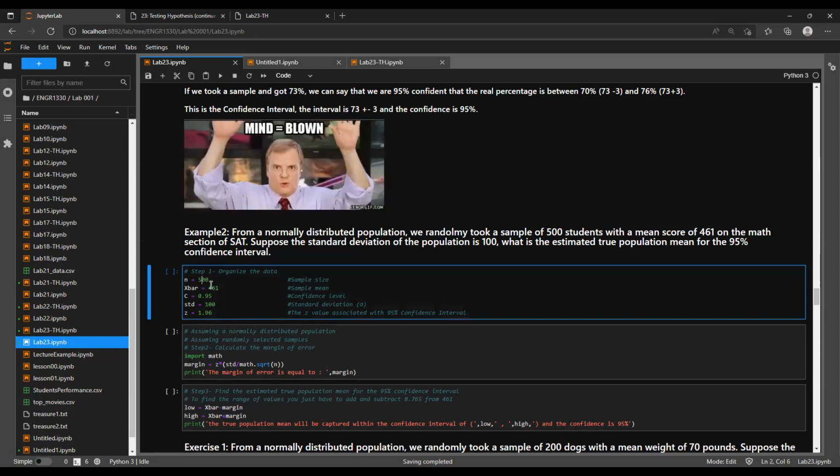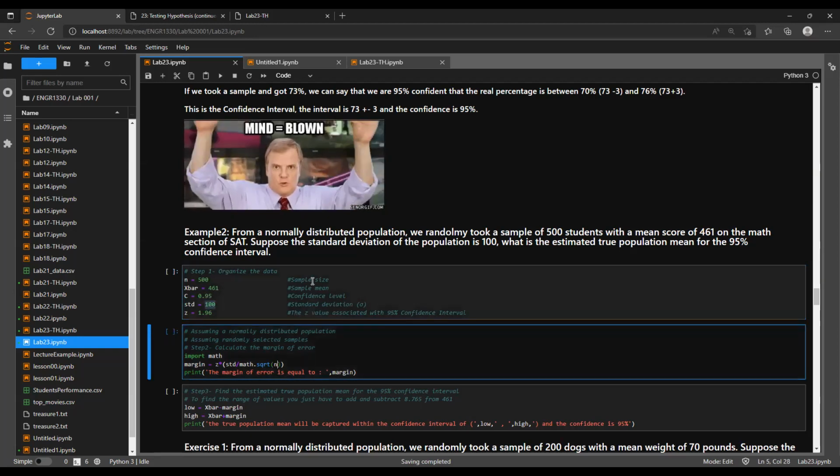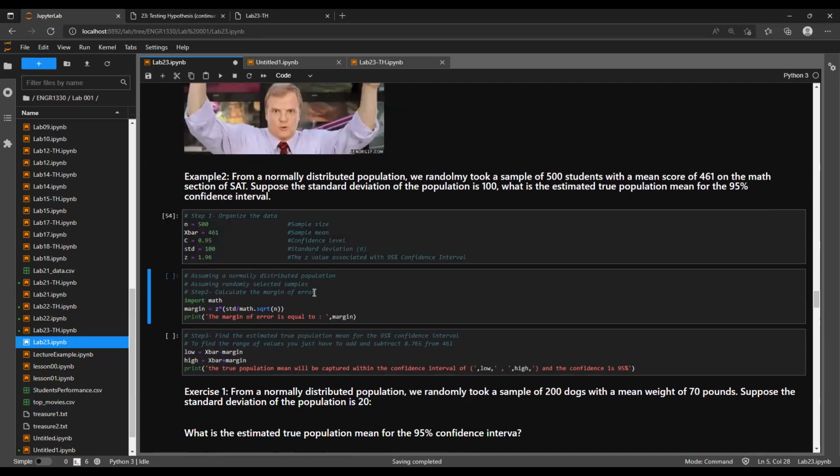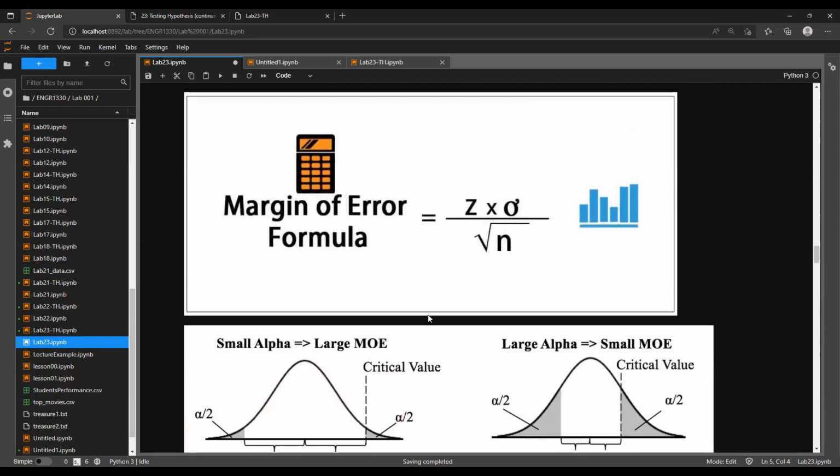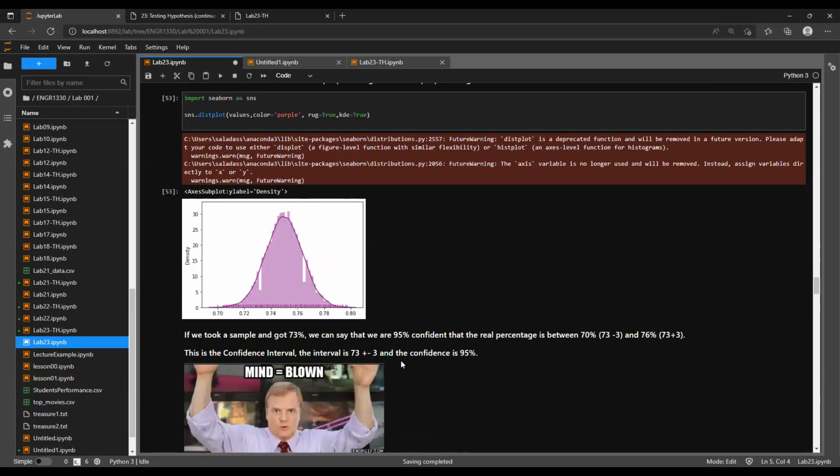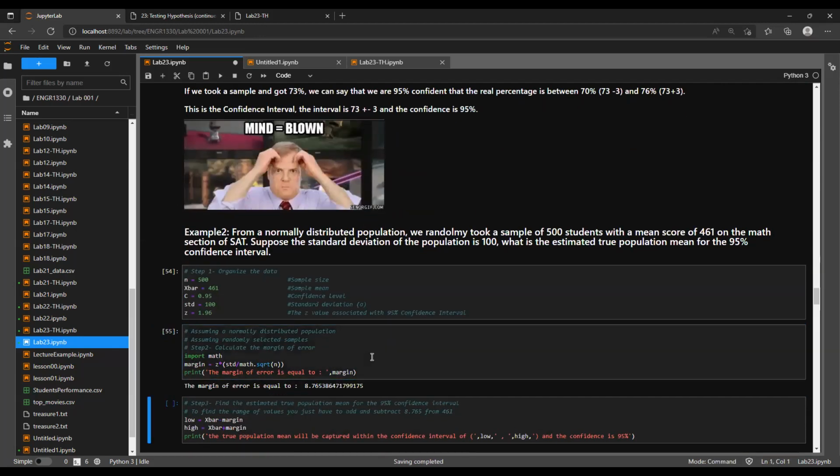Note that this value, and this value I know. This one we're assuming. All right, we're going to calculate our margin of error from our formula right here. And the margin of error is equal to this, 8.76.